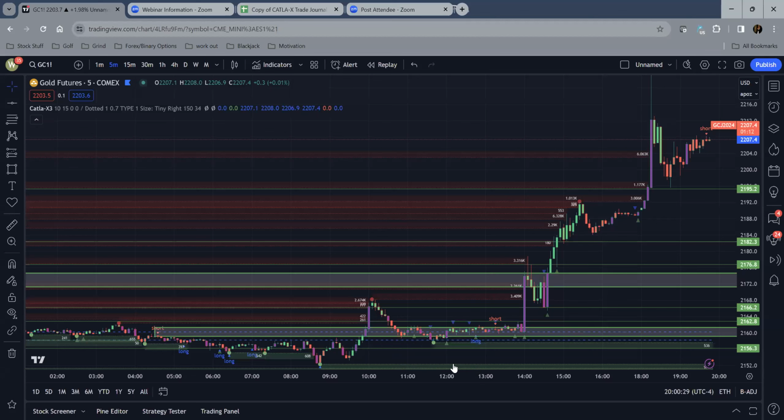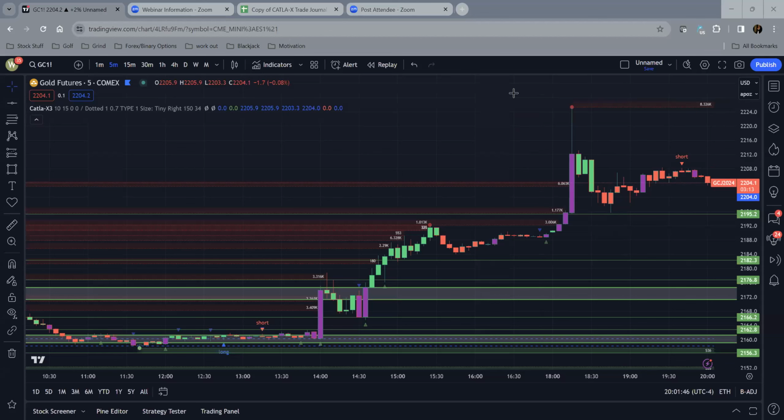There's a mathematical way that this should be approached. So let's go through an example. This is a process that you should be going through on every single trade.